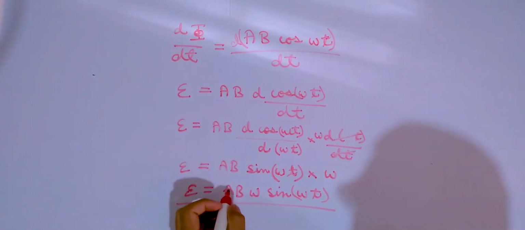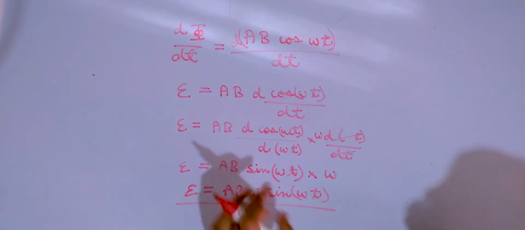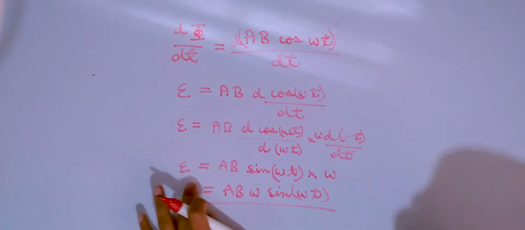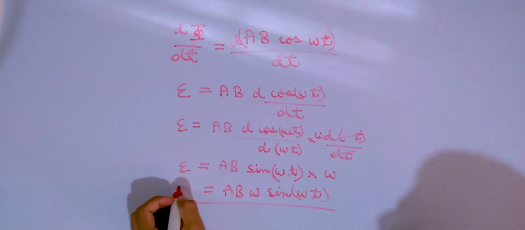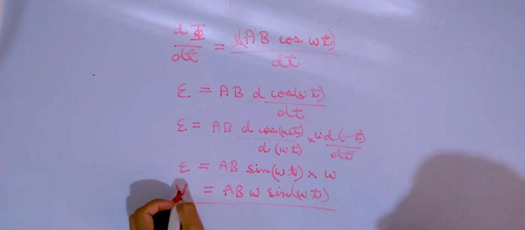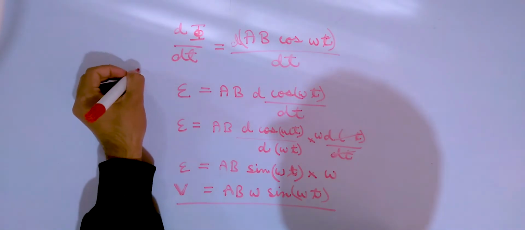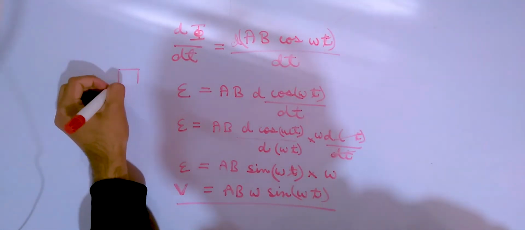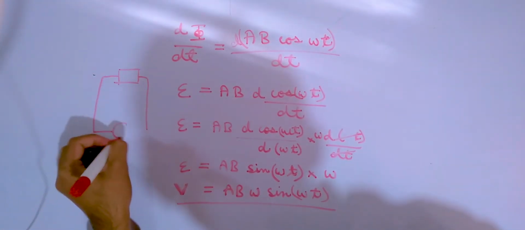Now we know A, B and omega are constants, so we can put them together in one giant constant. Let me replace the word EMF with voltage for now. I think we are more comfortable with the word voltage. Let's say this box is my generator, and I have two wires coming out of it, and a voltmeter.